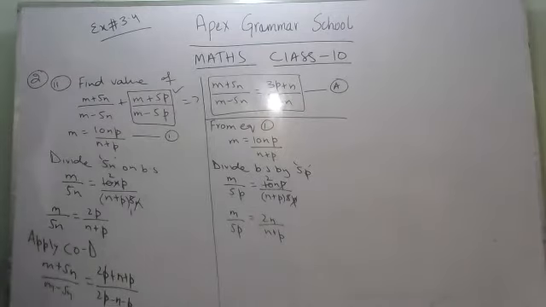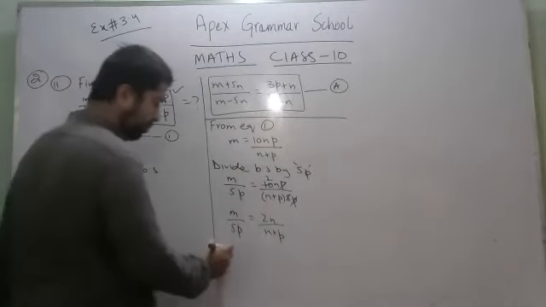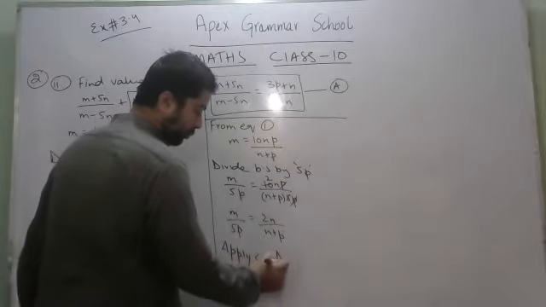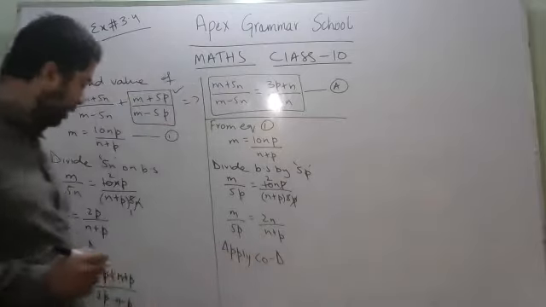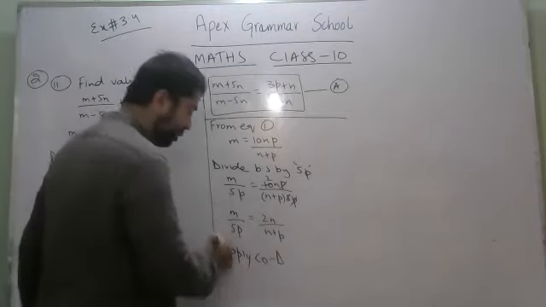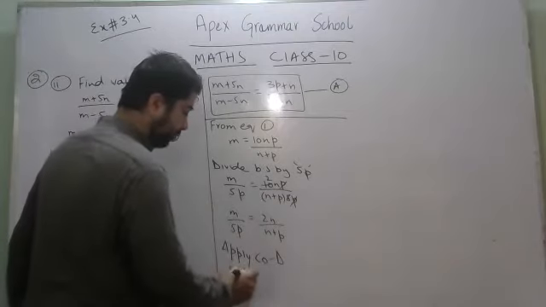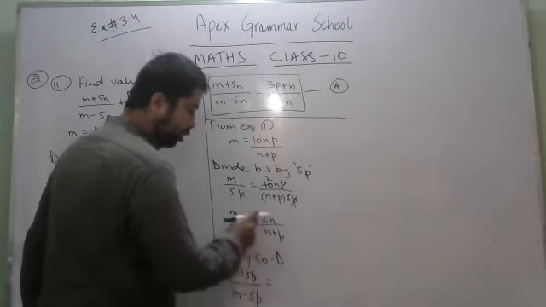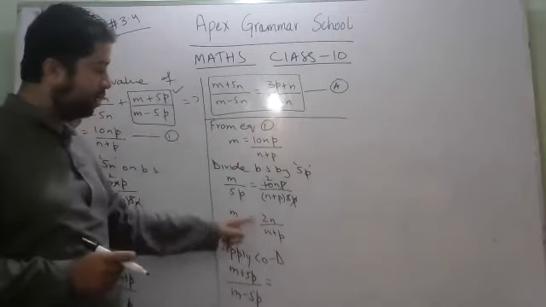Now you can apply the componendo and dividendo theorem here. After applying it, we will have m plus 5p over n minus 5p is equal to, directly I will do this, 2n plus (n plus p).